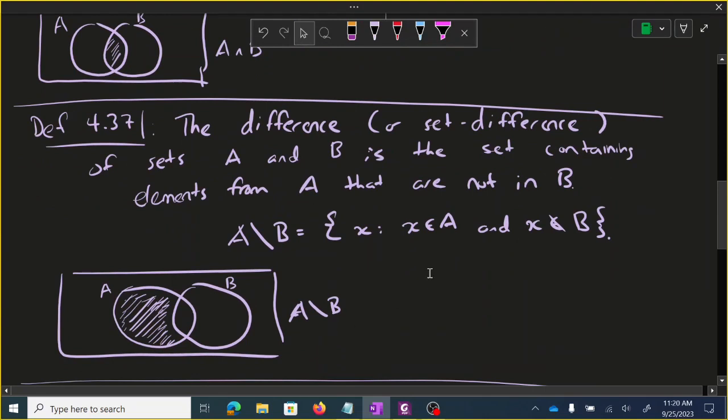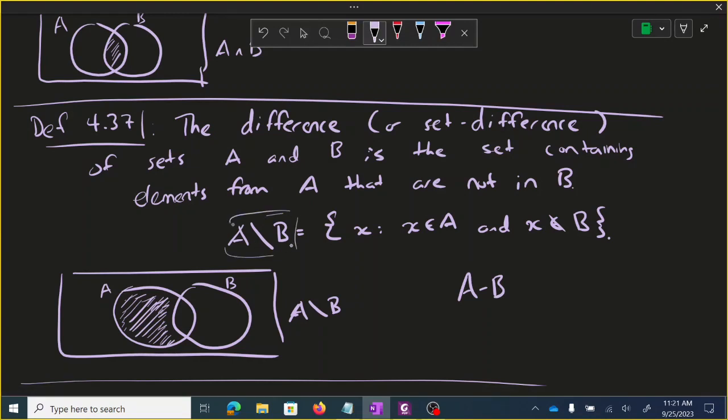All right, another definition we have is definition 4.37. That's the difference, or the set difference, of sets A and B, a set containing elements from A that are not in B. So it's kind of like you have both sets and then you're subtracting away B, including those that may be in both A and B. So the book uses this notation A and then a slash B. Some books also use A minus B. Doesn't matter, but we'll try to be consistent and use the book's notation.